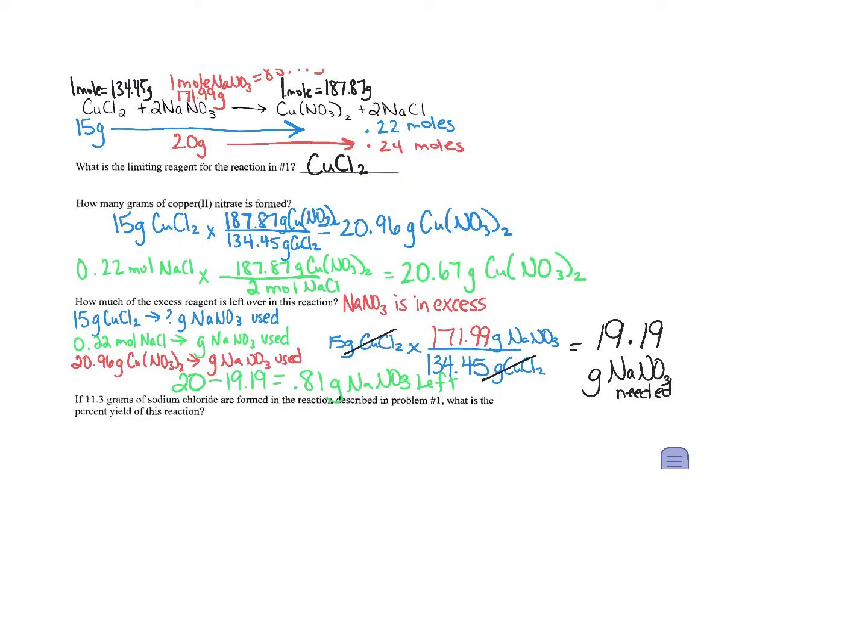It says that if you have 11.3 grams of sodium chloride formed, then what is the percentage yield? Percentage yield is calculating the actual amount you got versus what you theoretically should be getting, and then converting it into a percentage.